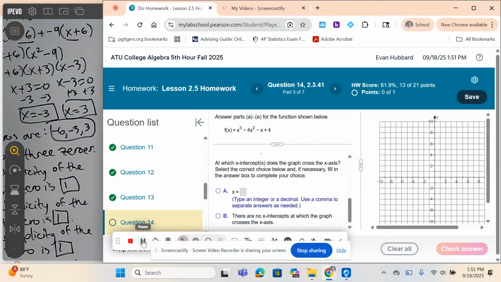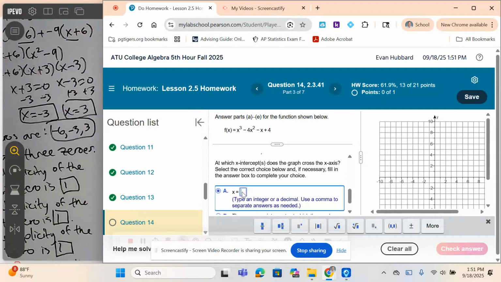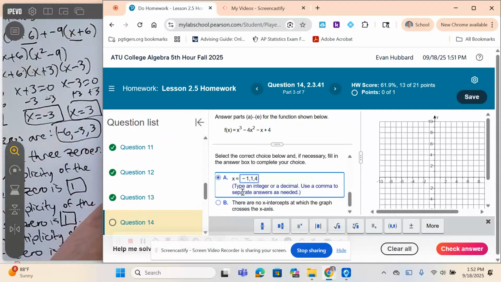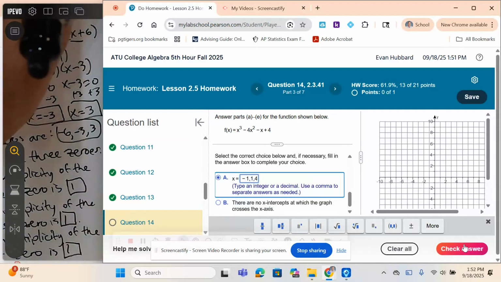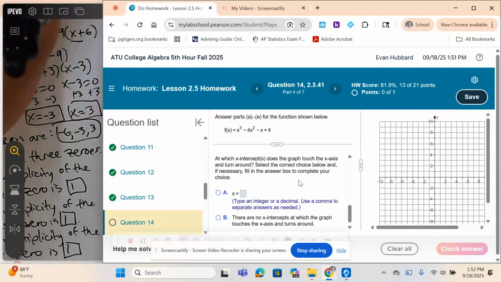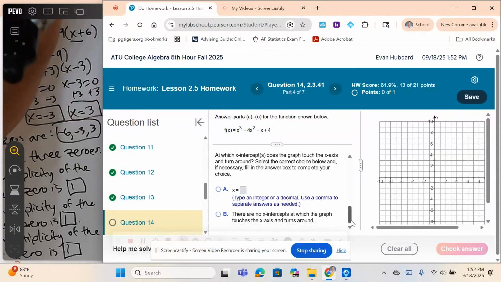At what points does it cross the x-axis? It's going to cross the x-axis at negative 1, 1, and 4. At which points does it touch the axis and turn around? There are no points where it touches and turns around.